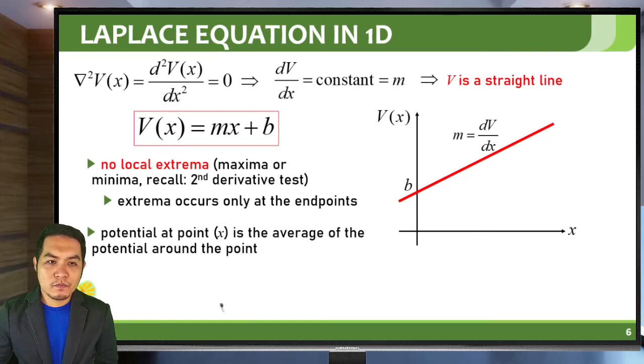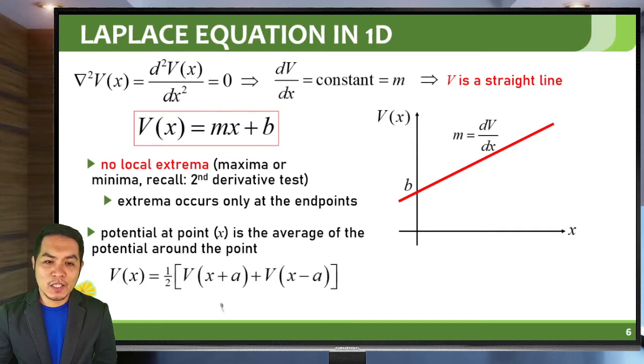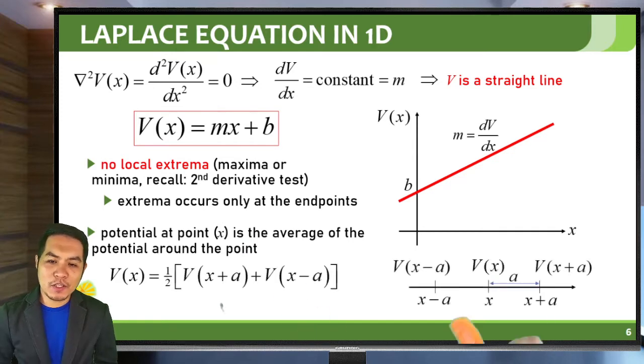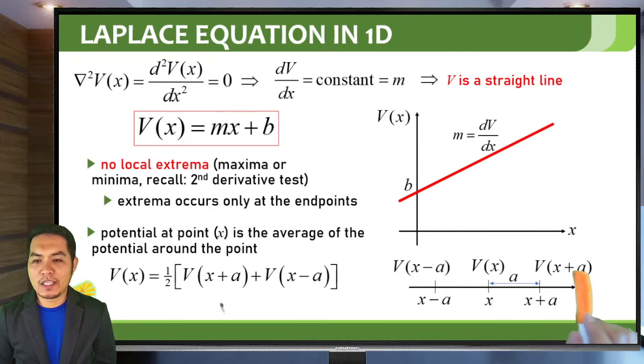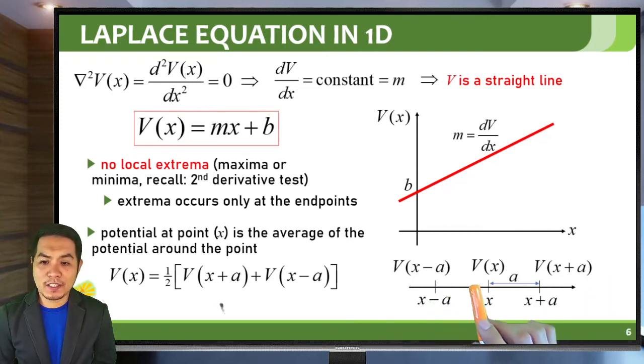And one feature also of the solutions of the Laplace equation is that the potential, say in 1 dimension, at point x is just the average of the potential around that point. So along the x-axis, for instance, the potential at point x will just be the average of the potential around this point.